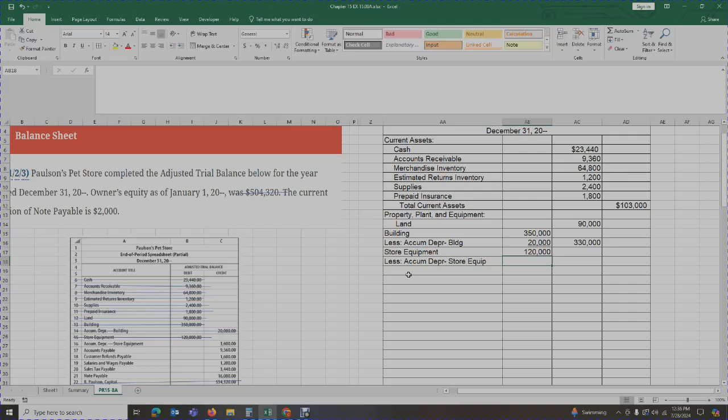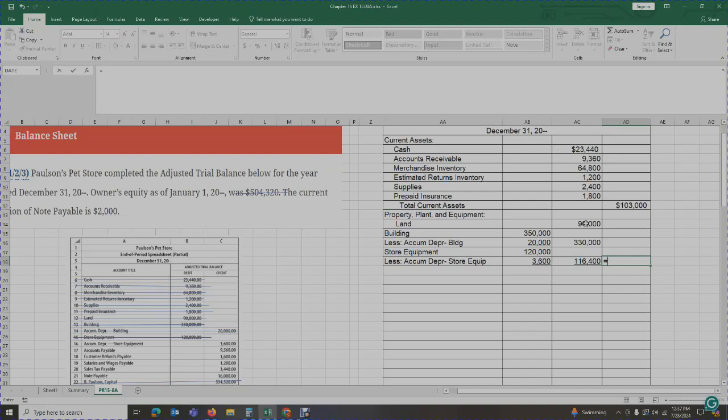Okay. And that is $3,600. So the book value of the store equipment is going to be your $120,000 that you paid for it, less the depreciation. That will be $116,400. Okay.